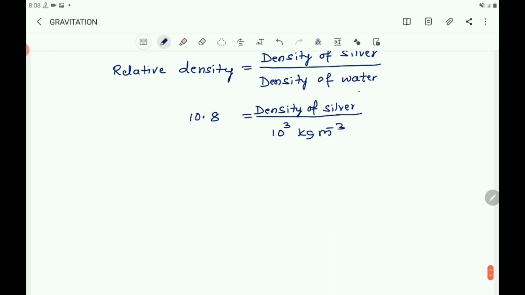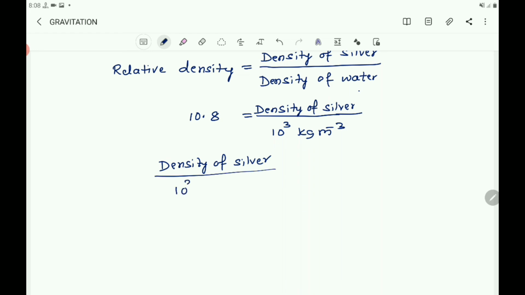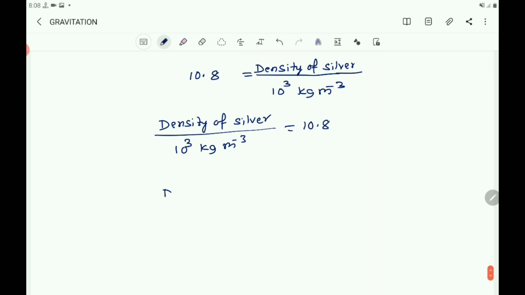Now you interchange LHS and RHS. Write density of silver by 10 power 3 kg m power minus 3 equals 10.8. Then you write density of silver equals 10.8 into 10 power 3 kg m power minus 3. That is the density of the silver.